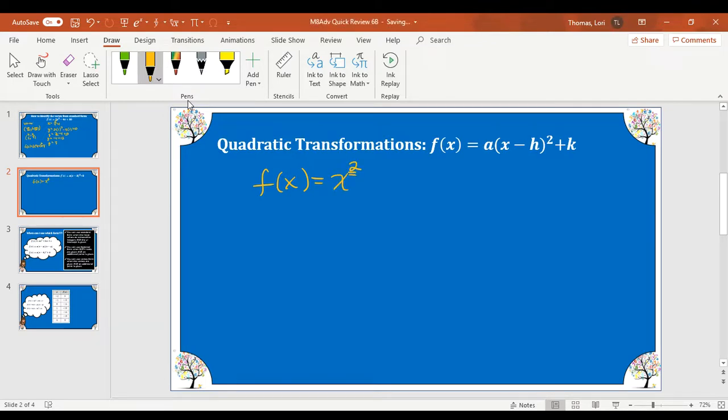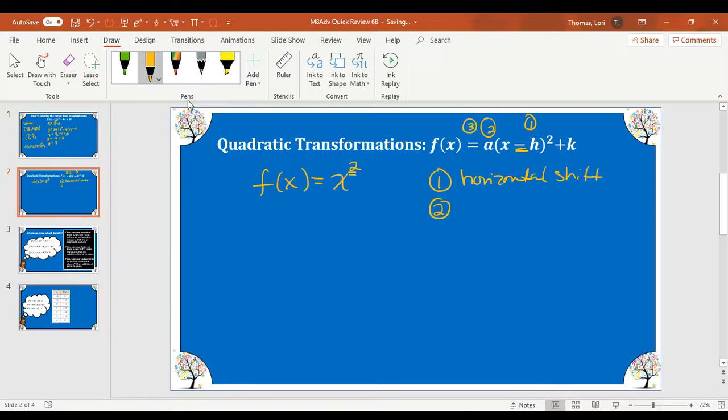So when we transform our parent function, there are several things that could happen. Your h value tells your horizontal shift, left or right. It's the opposite of what you think, okay? Your a value can do a couple of things.